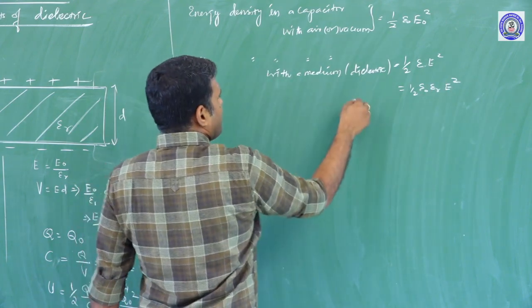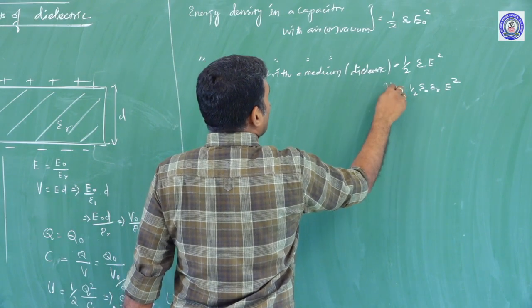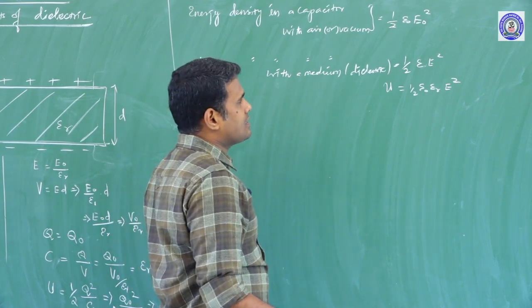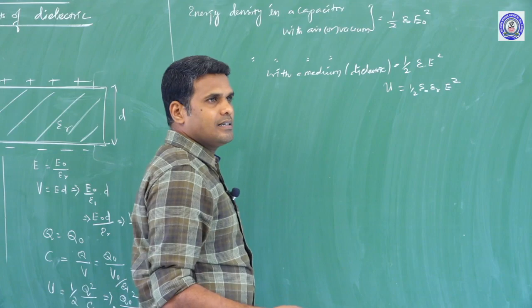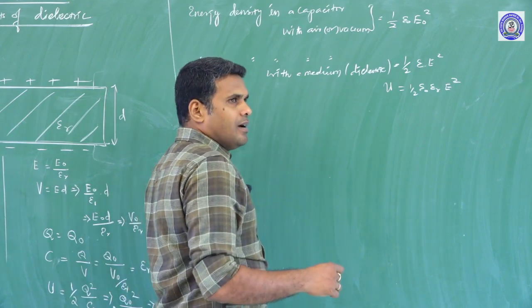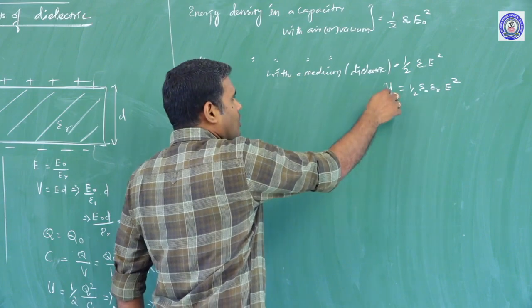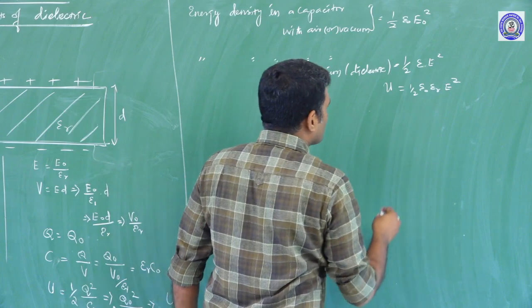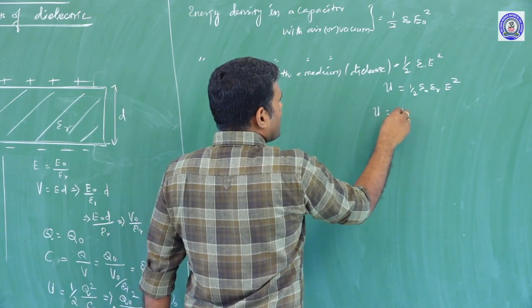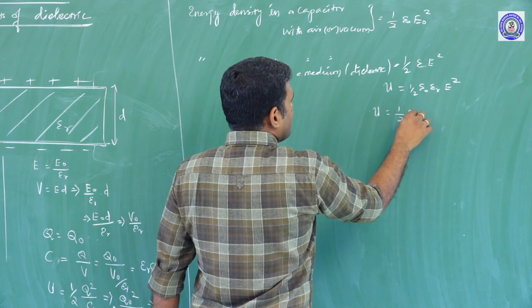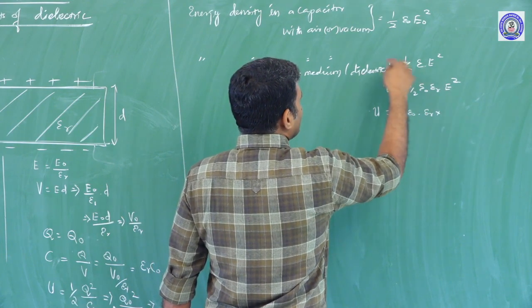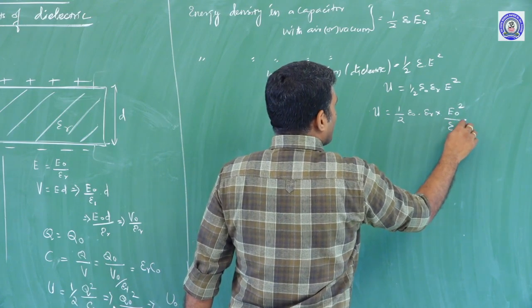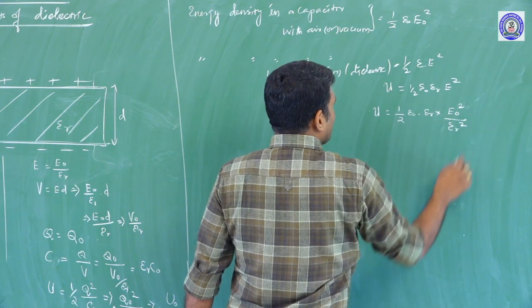Now, this can be manipulated like this. This is small letter u. What is the difference between electric potential energy and potential energy density? Energy density is energy per unit volume, so it is represented by small letter u. u equals half epsilon naught epsilon r E square. Instead of E, the electric field changes as E naught divided by epsilon r, so E naught square divided by epsilon r square.